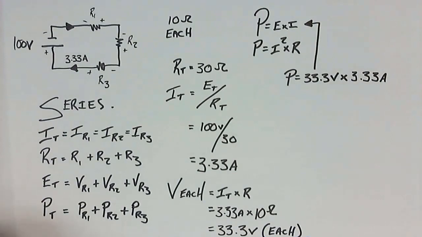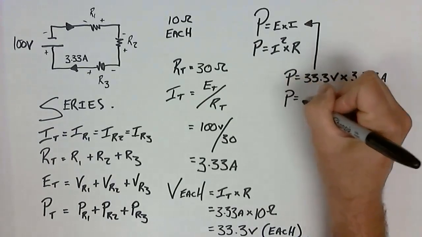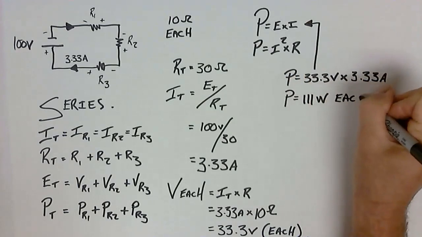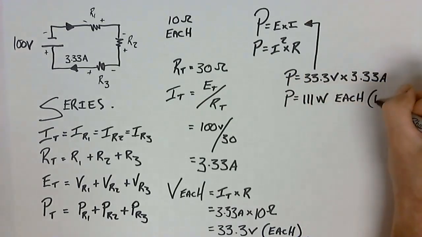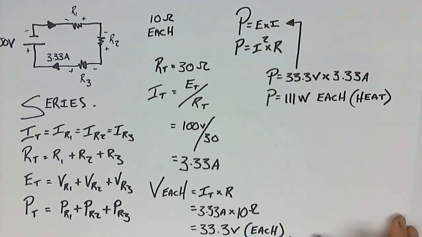So 3.33 times 33.3 gives me 111 watts each. This would be the amount of heat that is being given off by that resistor.